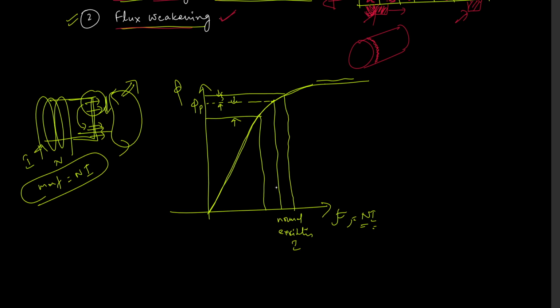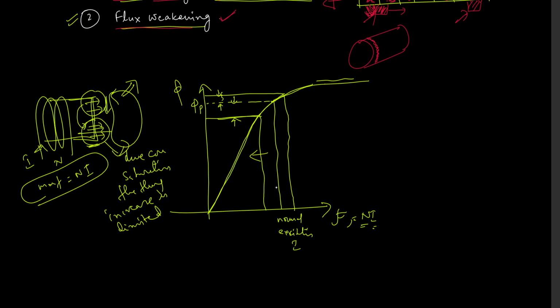But simultaneously, a proportional increase of flux is not happening on this side because of core saturation. Due to core saturation, the flux increase is limited to some finite value, but the reduction is taking place proportionally with the proportional decrease in the excitation.